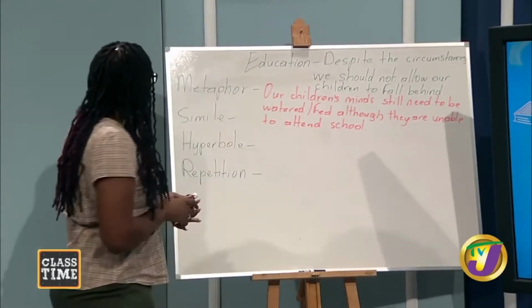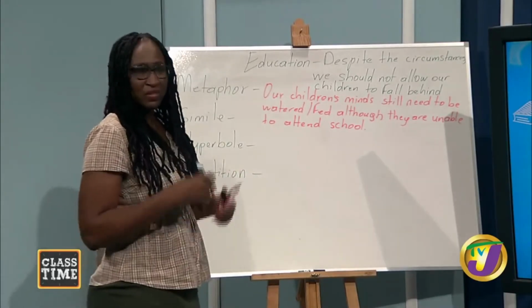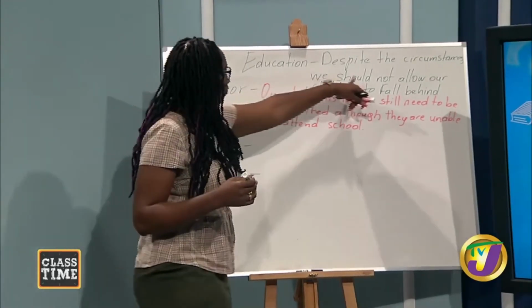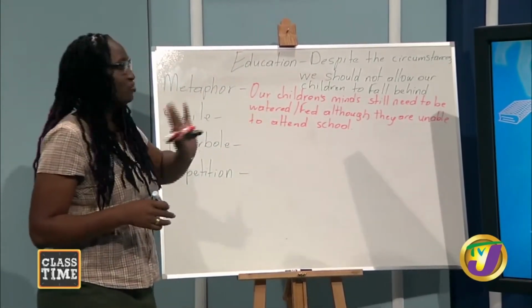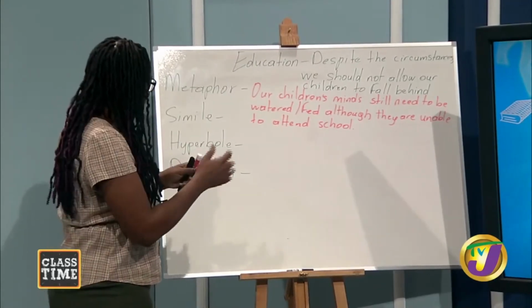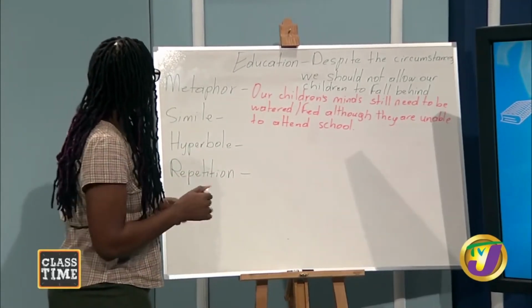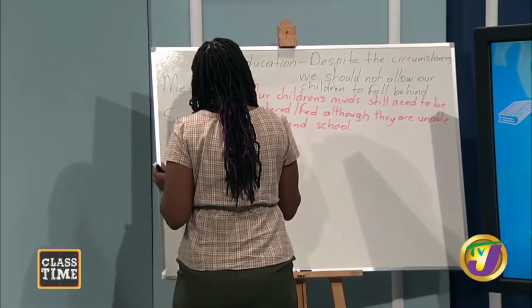Now, can we think of a hyperbole that will bring out this issue? Remember, this is the point we're focusing on. Despite the circumstances, we should not allow our children to fall behind. So let's think of a hyperbole to bring that out. So think about this.